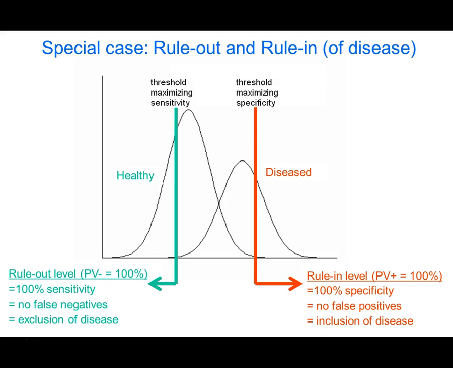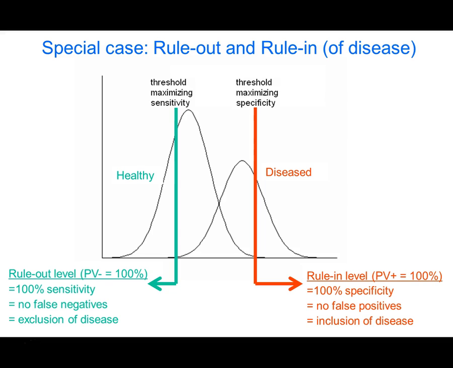So the sensitivity is 100%, but there are a lot of people with false positive results. You can see the rule out level as the green arrow. The negative predictive value is 100%, and this means that all the subjects with a negative test are healthy.